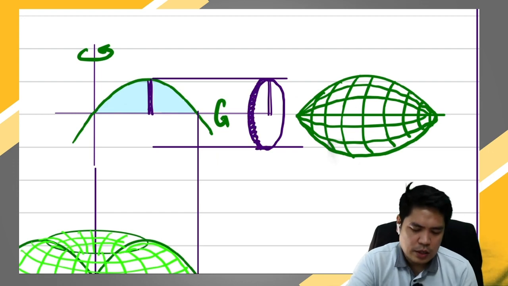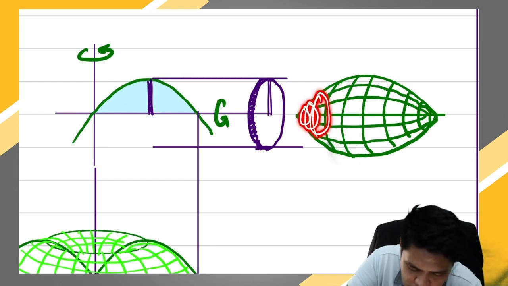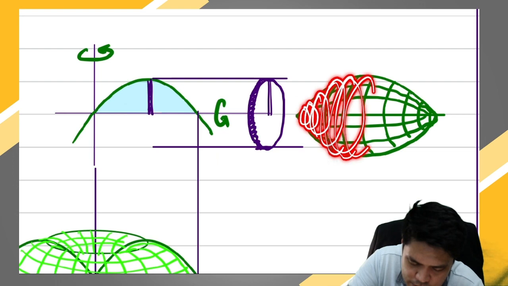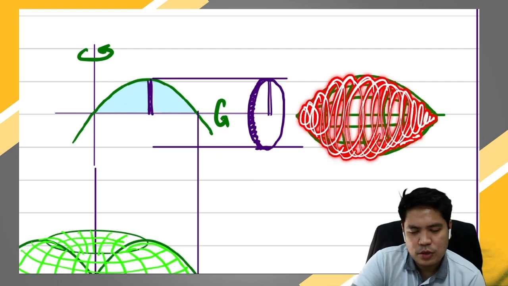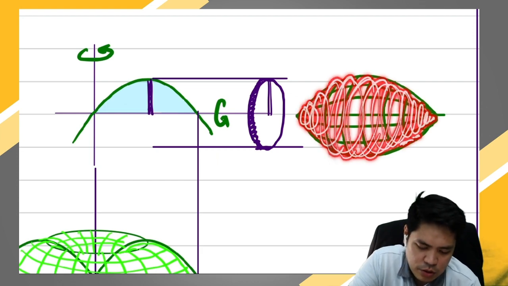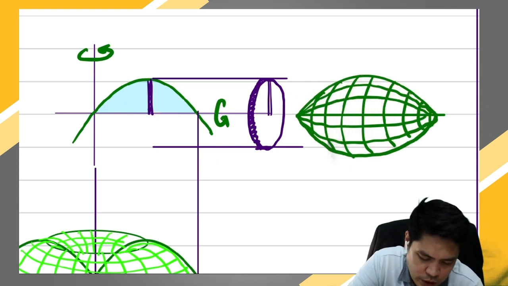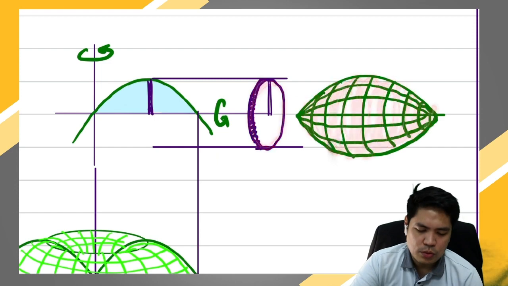You could imagine that there are disks here in varying sizes that comprise this solid. Did you imagine it? That is the solid of revolution. So if we integrate all these disks, it will comprise the whole solid.